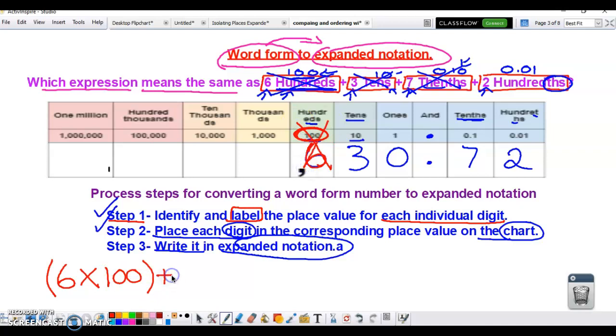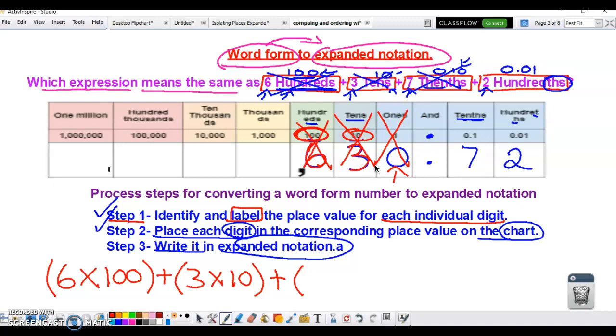Don't forget your plus, because you're combining numbers, you're composing numbers. And the next digit is a 3. So I'm going to bring down my 3 times, and this is in the 10 spot, so times 10. Plus, open bracket, move on to the next digit. What do you notice here? There's a 0. Every time there's a 0 in expanded notation, you do not need to represent it because any 0 times anything is always going to give you a 0, so there's no reason to do so.